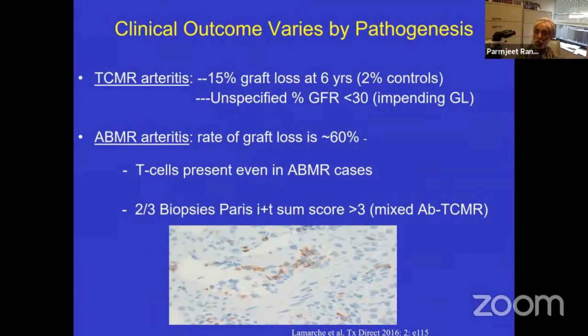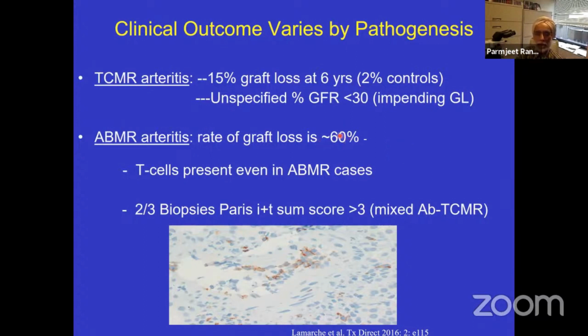And there's also value to classifying the cause of the arteritis. TCMR arteritis accounts for maybe only about 20% of all arteritis, and there's a 15% graft loss there in this Paris study. Although in addition to the graft loss, I suspect there are many other cases which have low GFR, what we call impending graft loss, which is not quantified. ABMR arteritis accounts for maybe 75% of all biopsies, and the rate of graft loss is high, about 60%.